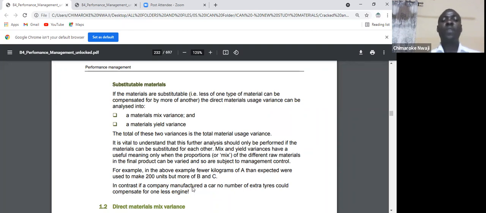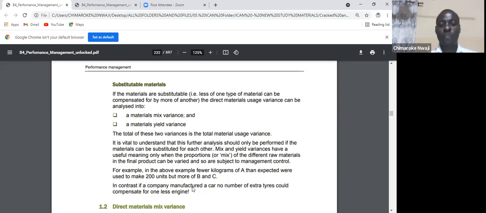Otherwise, you simply do your usage variance as you did before, and forget about mix and yield variance. Now, when you add your mix variance with your yield variance, it will give you your total usage variance.